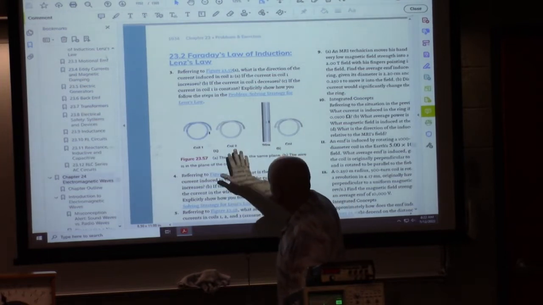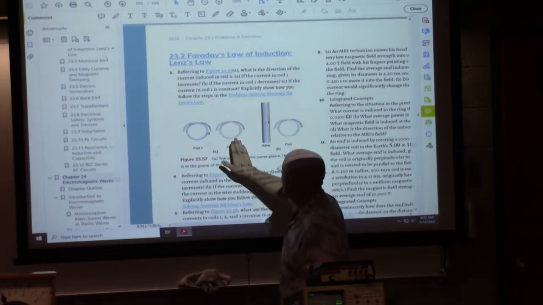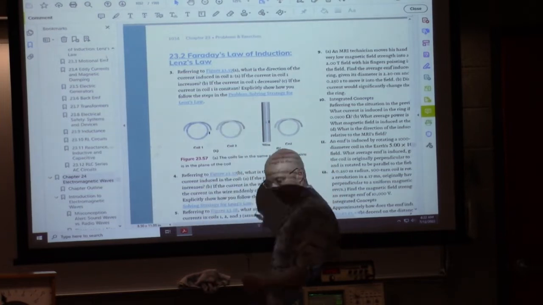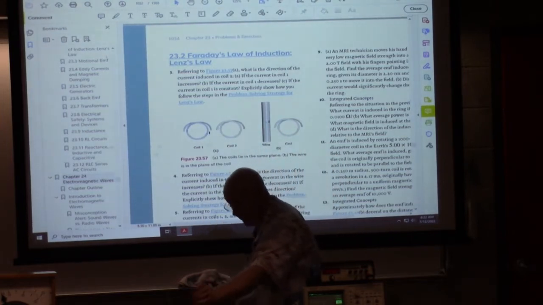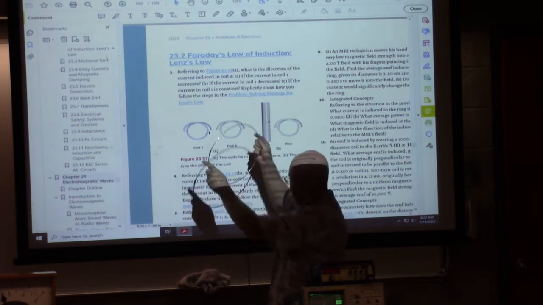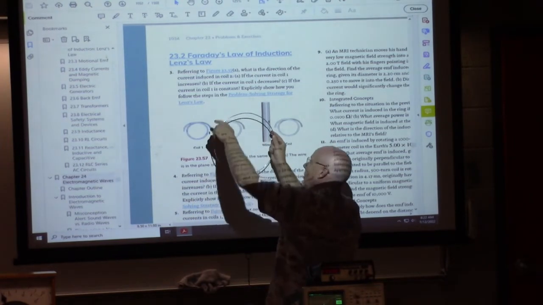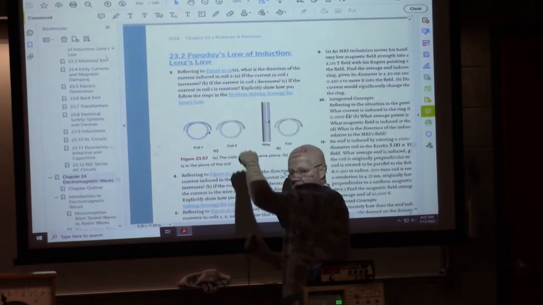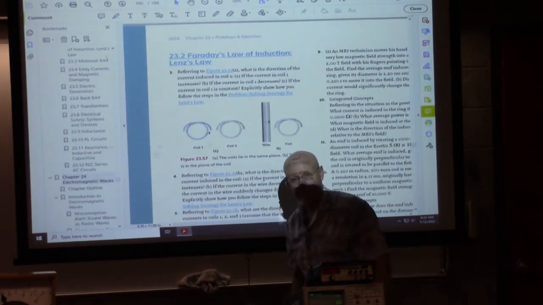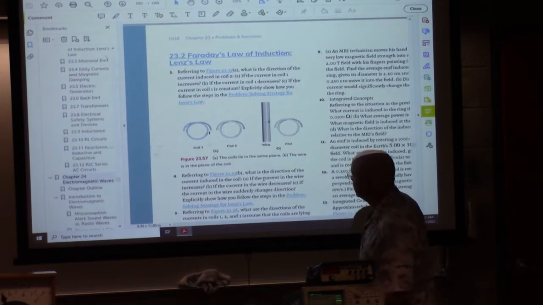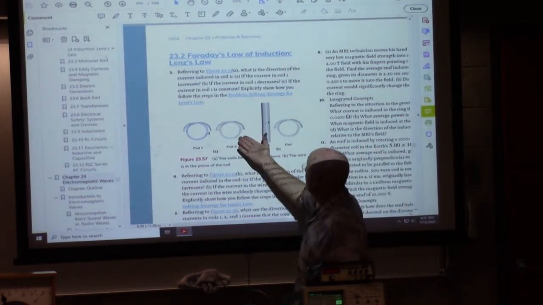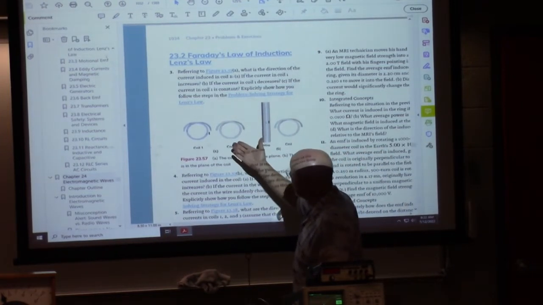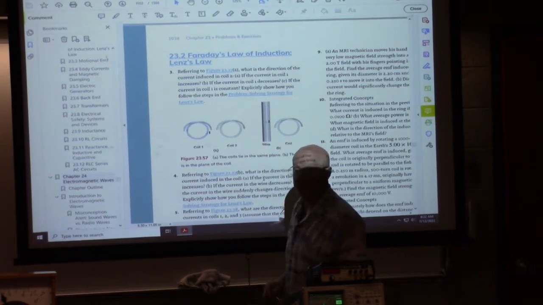Okay, so to get back to 10, we got to have it going in. Now to go in, go back to last chapter, we would have to have current going in a clockwise direction. And so B, the direction would be clockwise, which is the opposite of what it was in A.